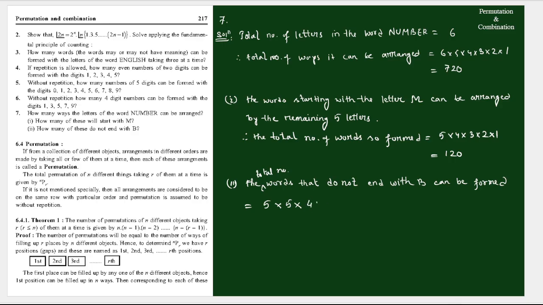Then it will go on like this, 4 into 3 into 2 into 1. So 5 into 5 will be 25. 25 into 4 is 100. 3 into 2 is 6. So 100 into 6. This many numbers.